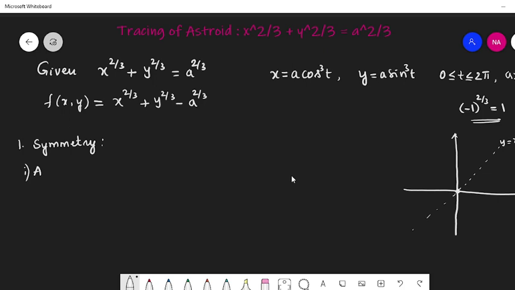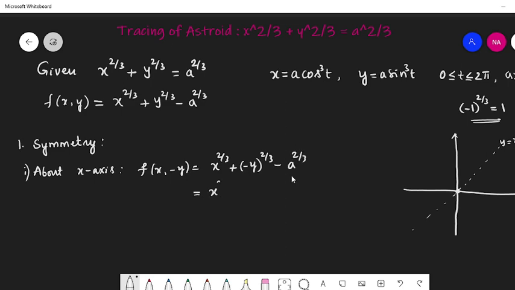First one, about x-axis. For this, you have to check whether a replacement of y by minus y keeps the equation unaltered. That means in the equation you have to change y by minus y. If you get the same equation, then the curve is symmetric about x-axis. See, if you take f of x comma minus y, that is actually x power 2 by 3 plus minus y power 2 by 3 minus a power 2 by 3, right?